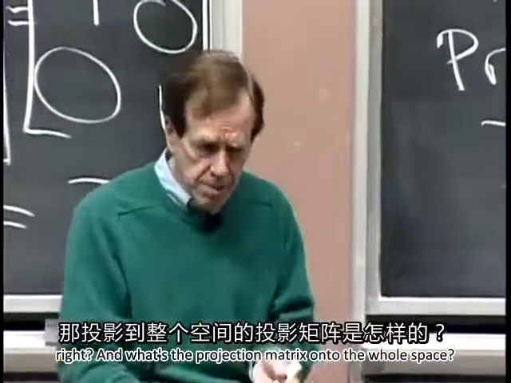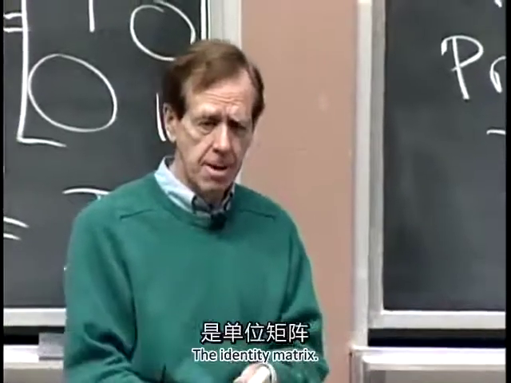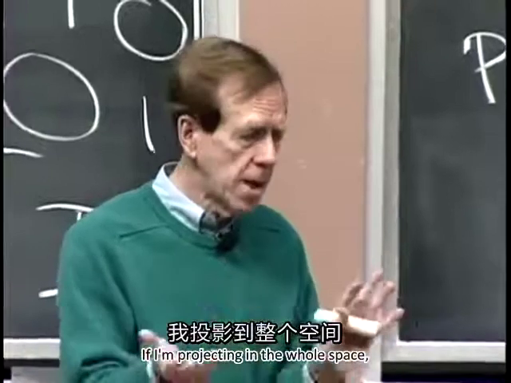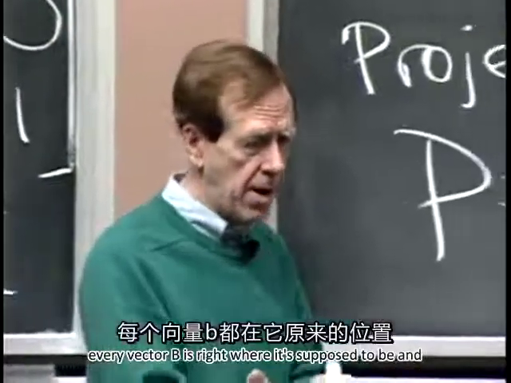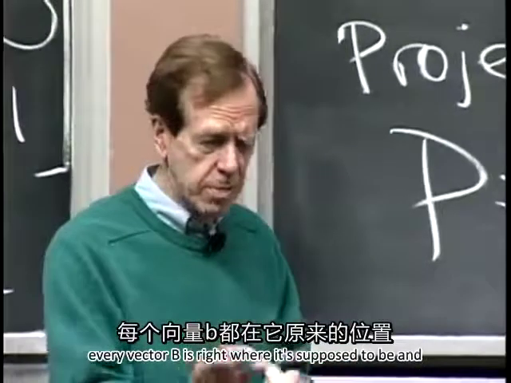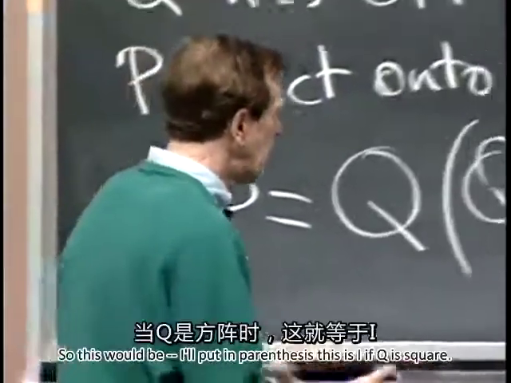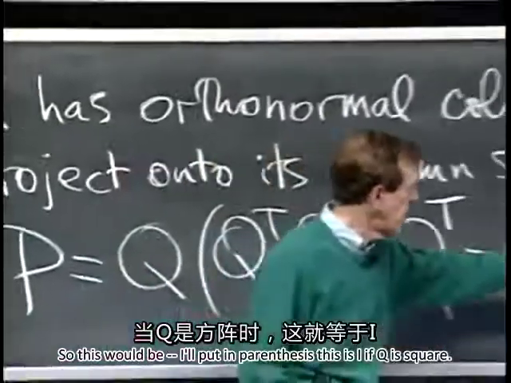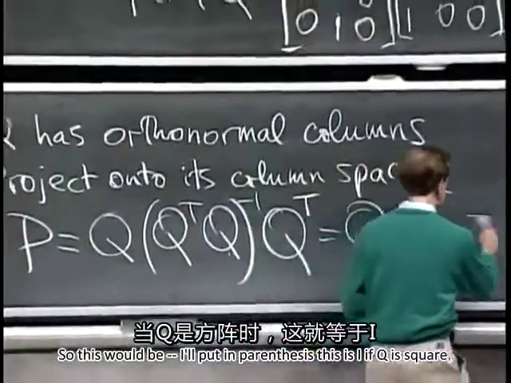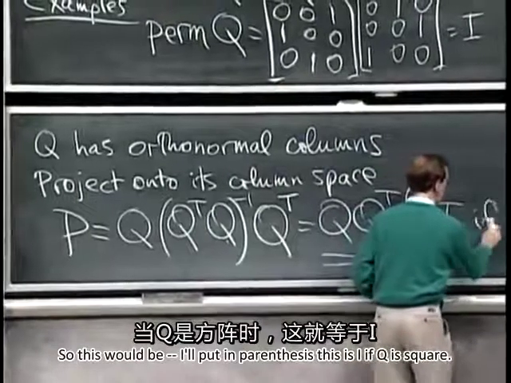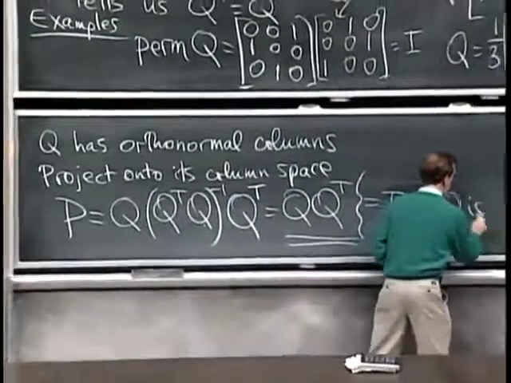And what's the projection matrix onto the whole space? The identity matrix. If I'm projecting onto the whole space, every vector b is right where it's supposed to be, and I don't have to move it by projection. So this will be I. This is, I'll put in parentheses, this is I if Q is square.